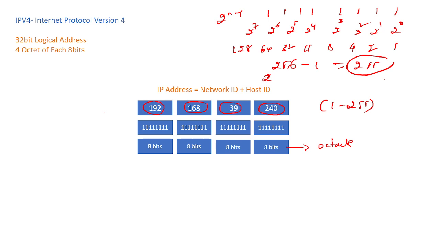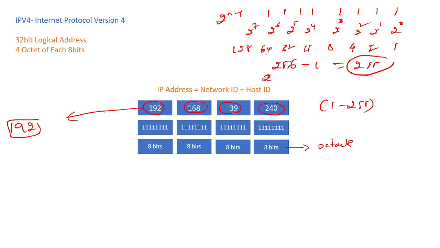So the computer will convert each number into a binary number. Say for example, this 192, if I want to convert it to binary, how will it work?